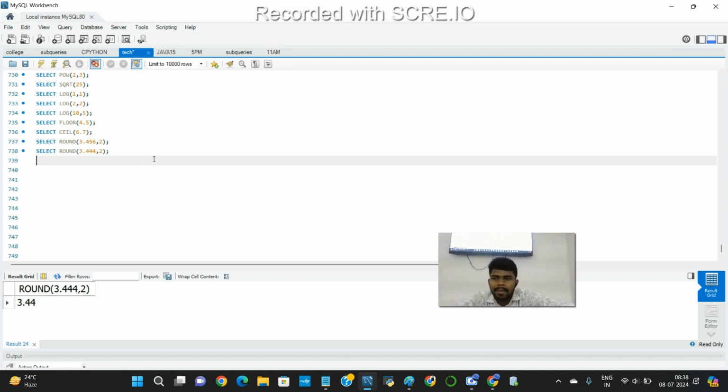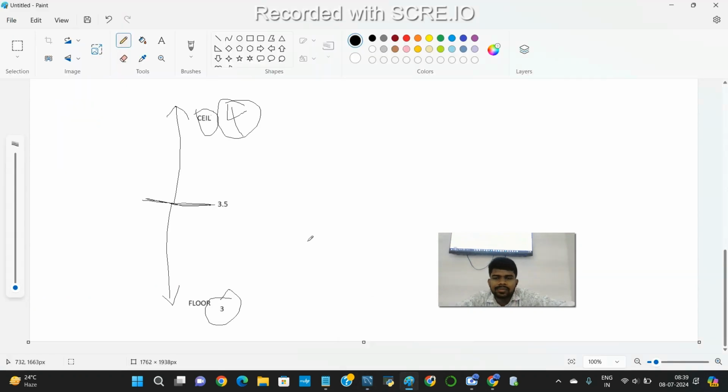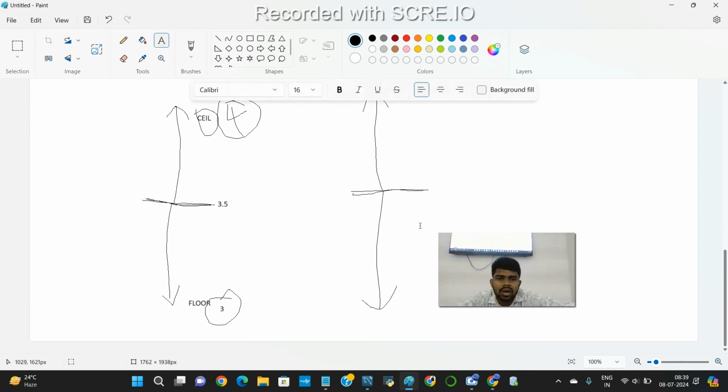Let's see what the round function does when we are removing digits to place decimal points.